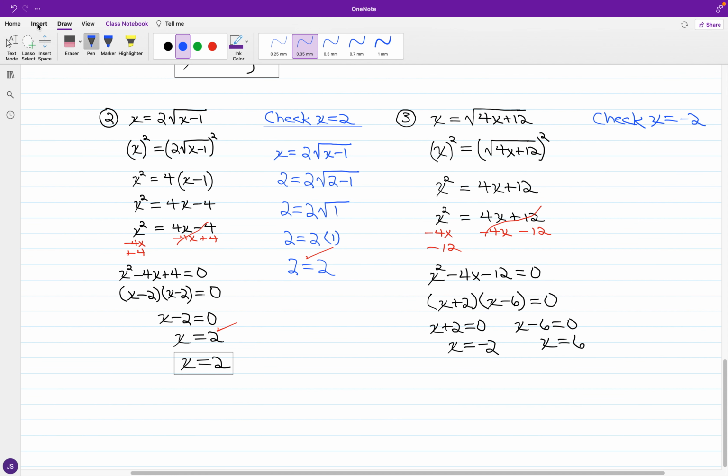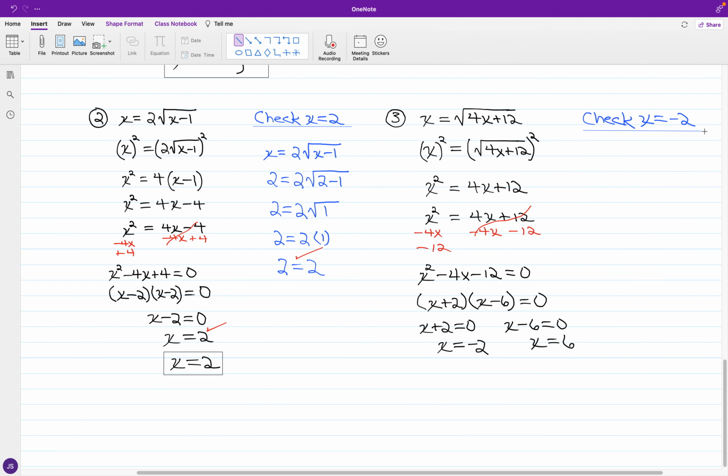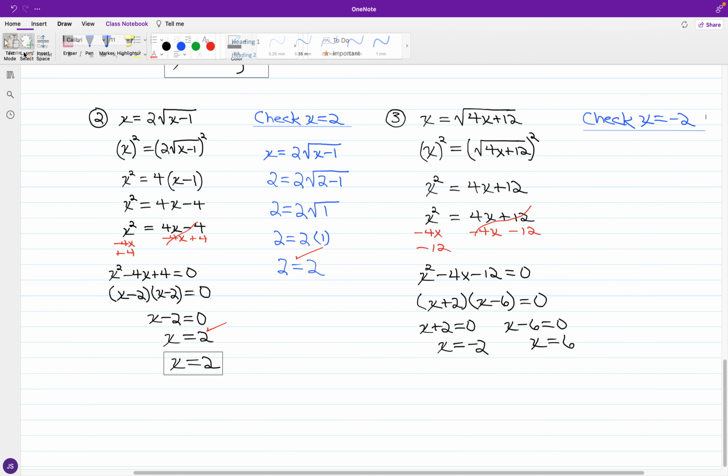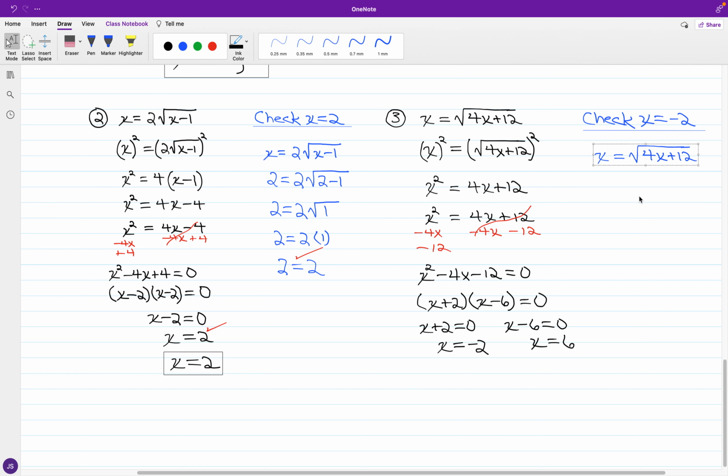Putting into x the value of negative 2, negative 2 is equal to the square root of 4 times negative 2 plus 12.